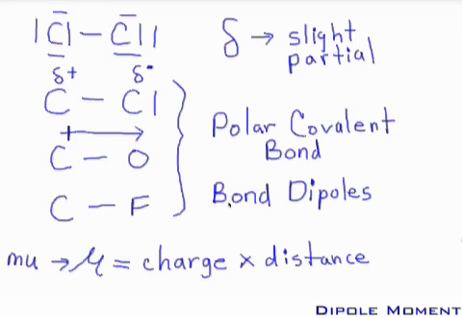Now, if we apply this calculation to a hypothetical situation, let's just clear the screen, we can say, well, what would the dipole be in complete electron transfer? We get an ionic bond.